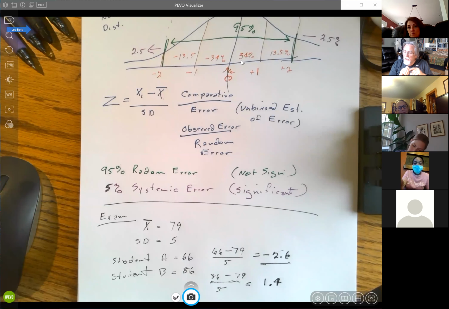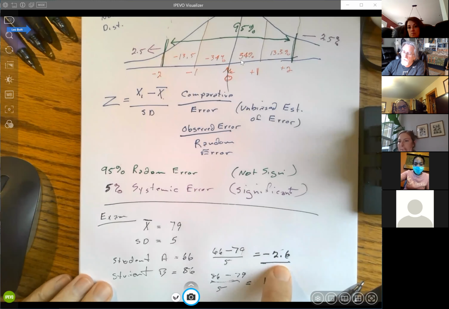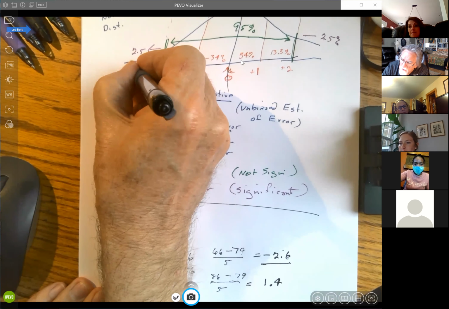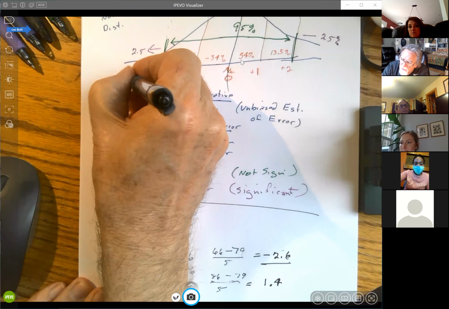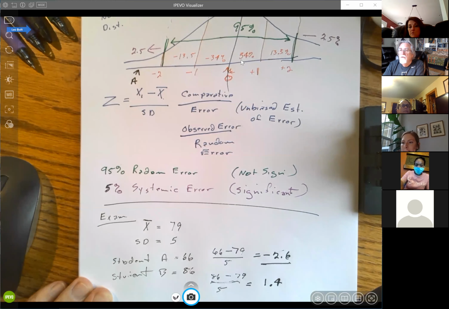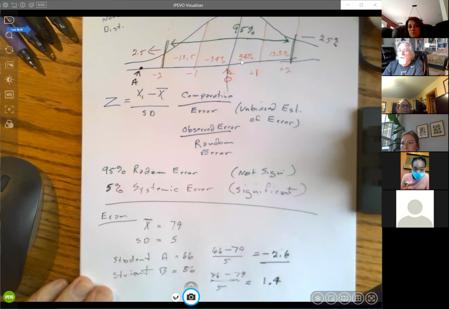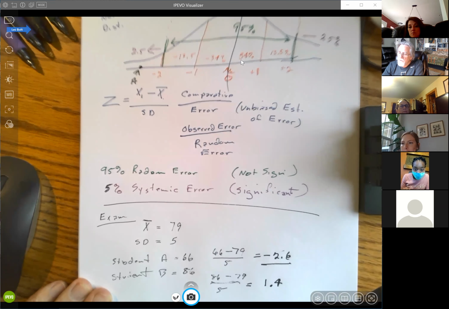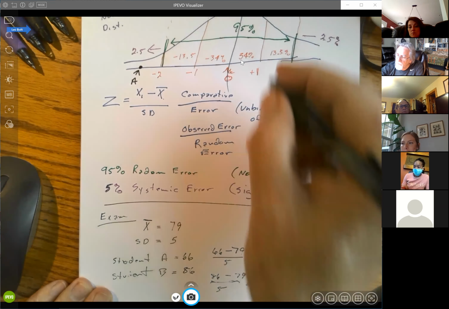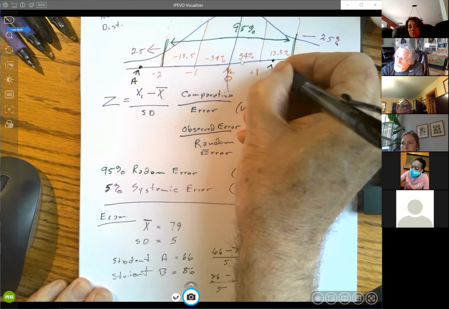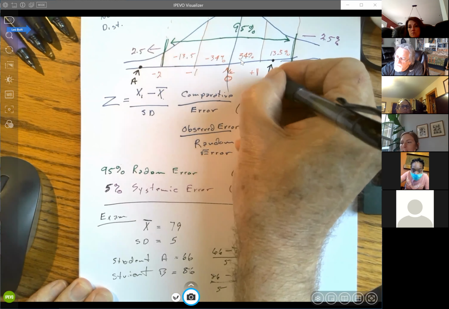So student A with a z-score of minus 2.6 is going to be out here somewhere, say about right there. And student B with a positive 1.4 is going to be here.